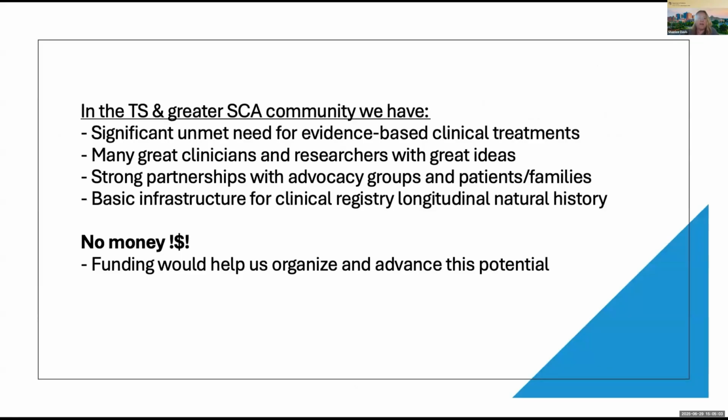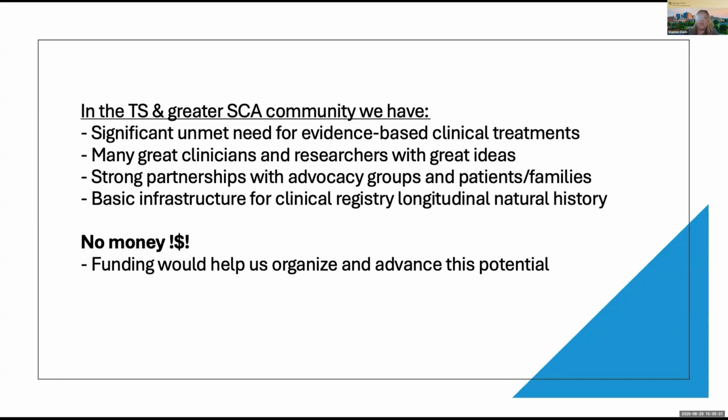So a little bit of background on Turner syndrome, as well as the greater SCA community: we have a significant unmet need for evidence-based clinical treatments. We have many great clinicians and researchers across the country with a lot of great ideas. We also have strong partnerships with advocacy organizations, including TSSUS and other Turner syndrome and sex chromosome aneuploidy advocacy groups, as well as the patients and families more broadly.